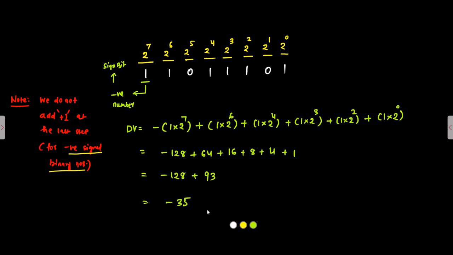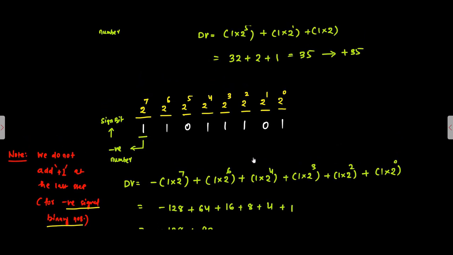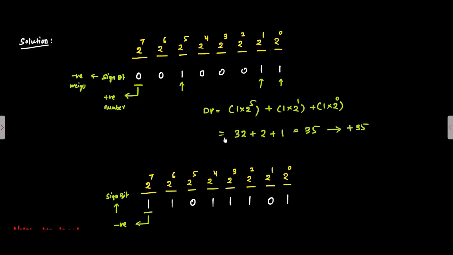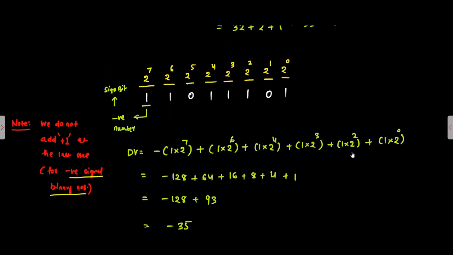So here it is minus 35, and the previous signed binary number, the positive one, was plus 35. So this signed binary number is the 2's complement of that binary number, because it is plus 35 there and minus 35 here.